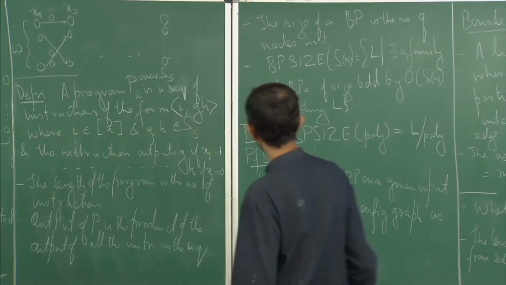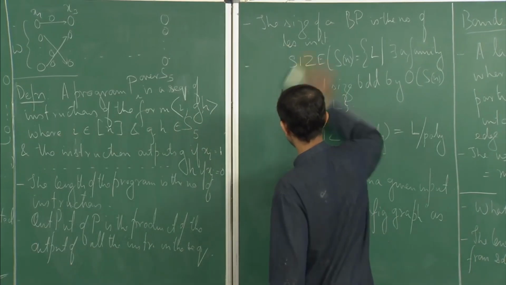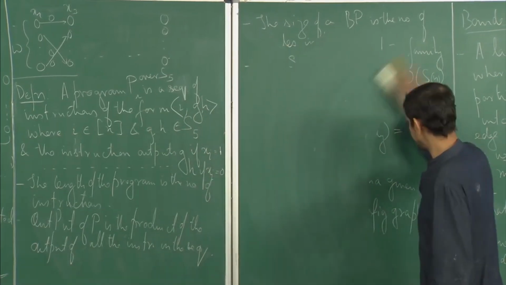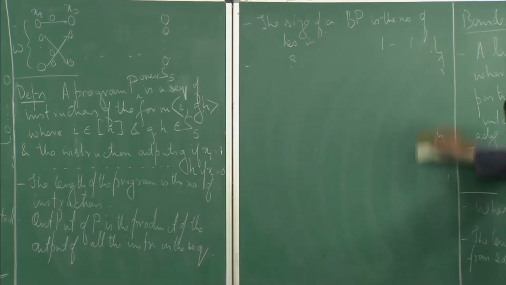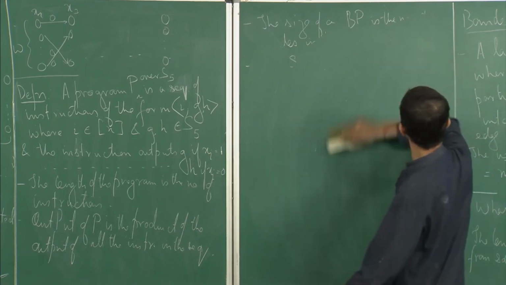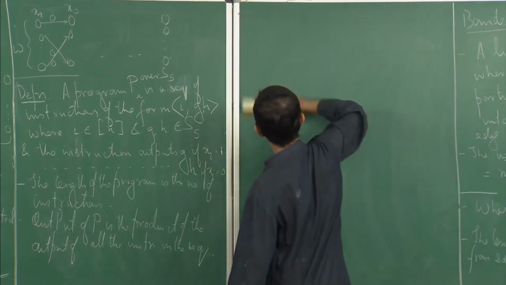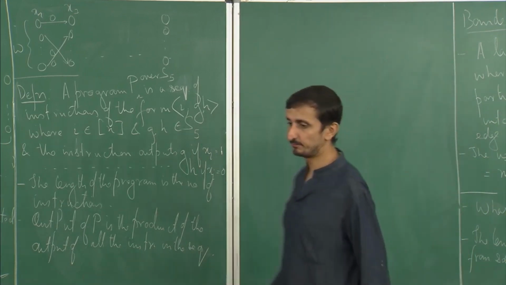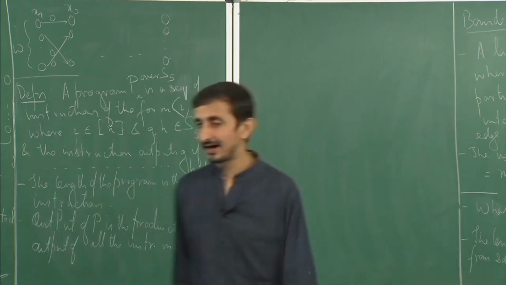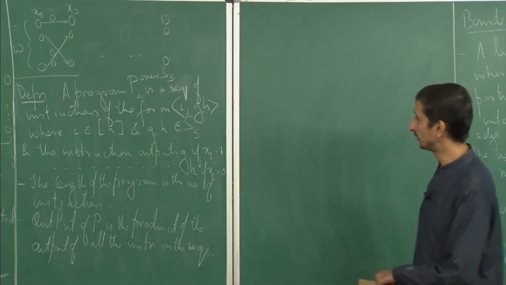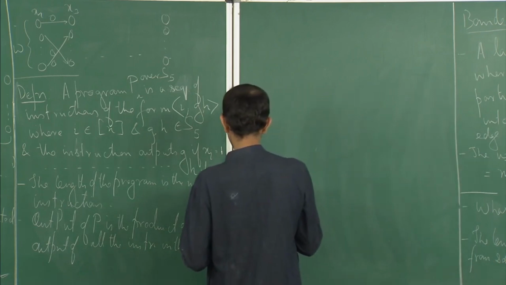So now how is a language accepted, or how is any input accepted? So for an input to be accepted or rejected, I have to define the notion of acceptance and rejection.